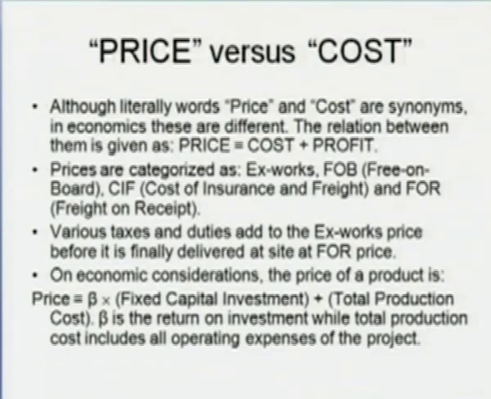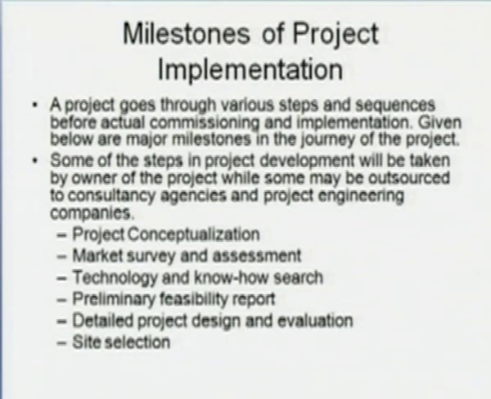Some of these take long time and almost go to and fro before it is confirmed, and the action mainly in terms of major commitment or expenditure is taken. So, we shall try to see the different activities that are there. We only summarize, for greater discussion we will see in the next lectures, the milestone of project implementation.